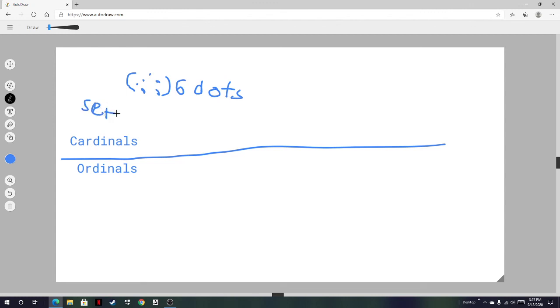So we have our set. This is our set of 6 dots. And the 6 is a cardinality. So the number is a cardinality of the set. If that doesn't make sense, you should look into that a little bit more, but try it.